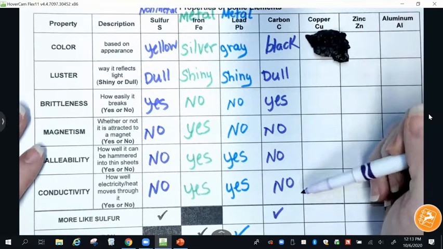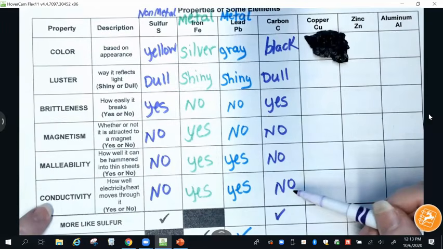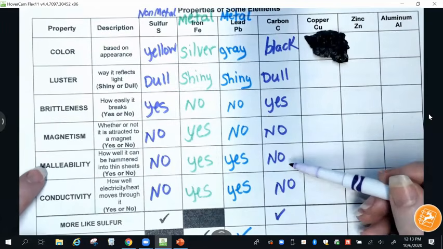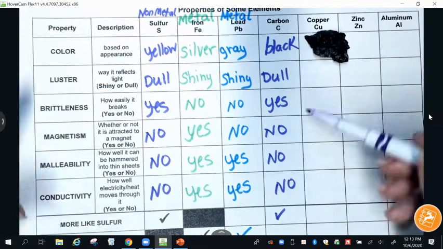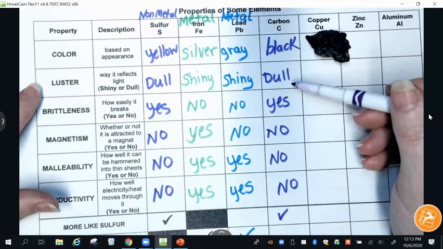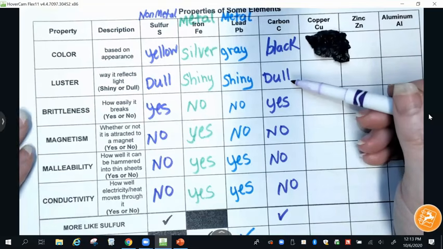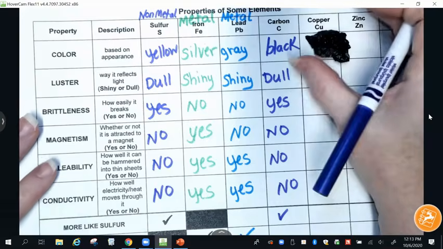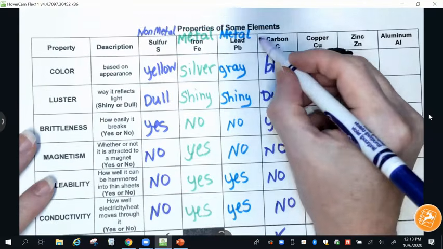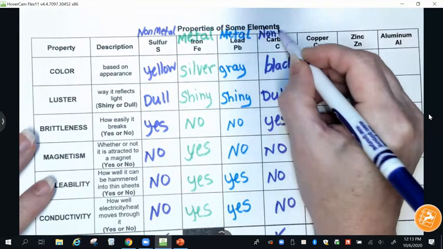Look at its properties. It doesn't conduct electricity. It's not malleable. It's not attracted to a magnet. It is brittle. It's dull. Would that be properties of metals or non-metals? Non-metal. So up here at the top, we're going to write non-metal.